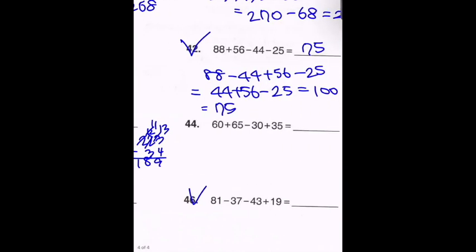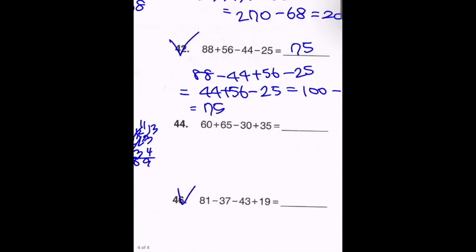And then we'll take a look at problem 44. And so for problem 44, we have 60 minus 30 plus 65 plus 35.